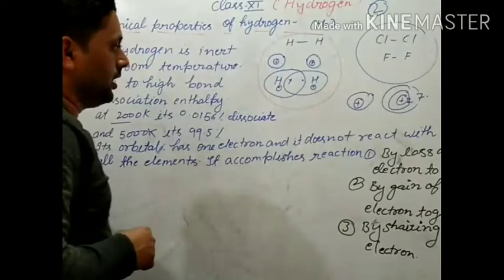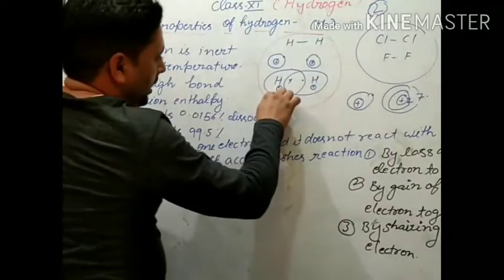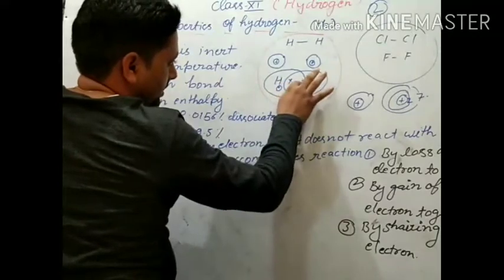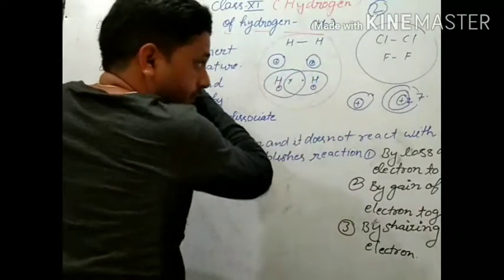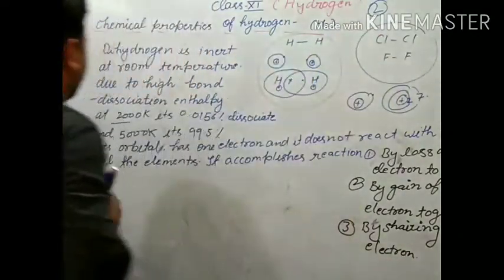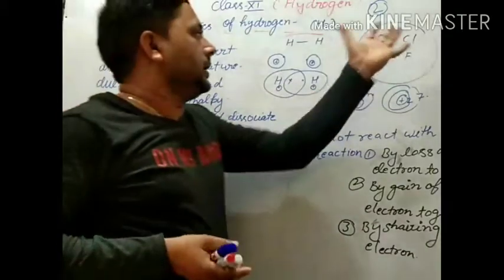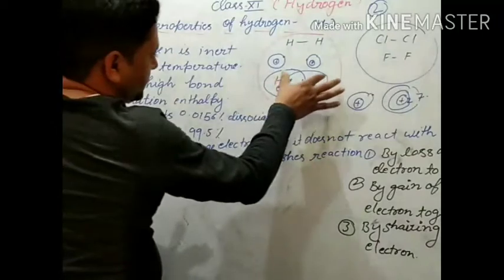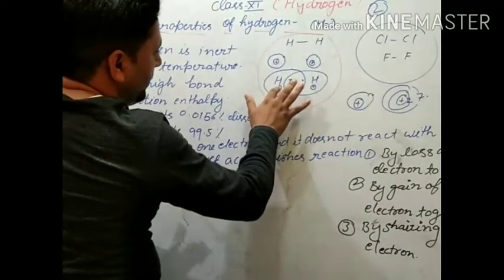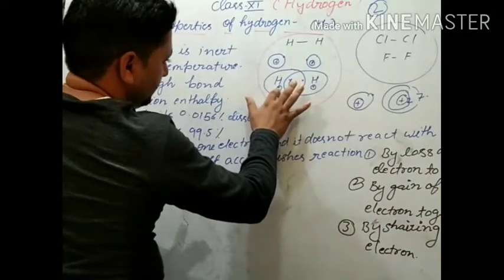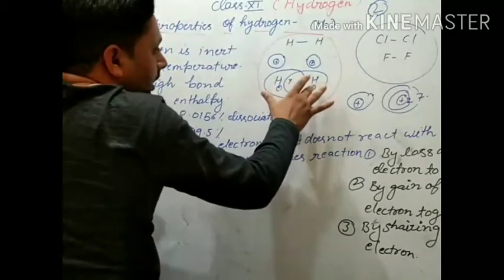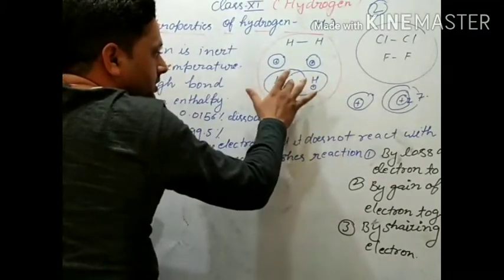The nuclear charge is closer to the electron in hydrogen, whereas in the others the nuclei of both atoms are a little farther from each other. So there is the highest attraction between the nucleus of this hydrogen and that electron, and the nucleus of that hydrogen and this electron.